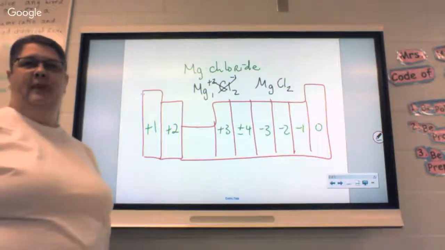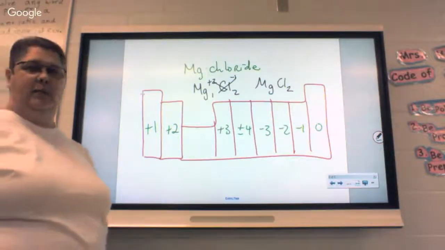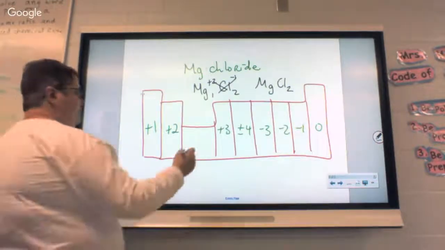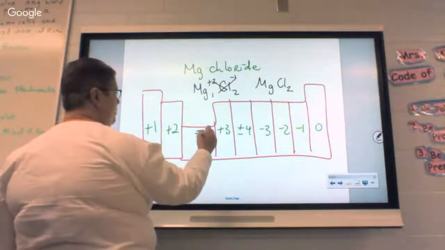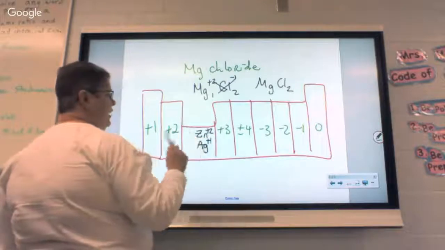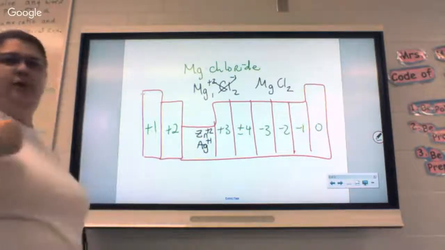The groups are in. Now, if I give you something in the transition elements, there's only 2 you're supposed to know from the transition elements. Zinc is +2 and silver is +1. Anybody who's not one of those, what do I have to do?